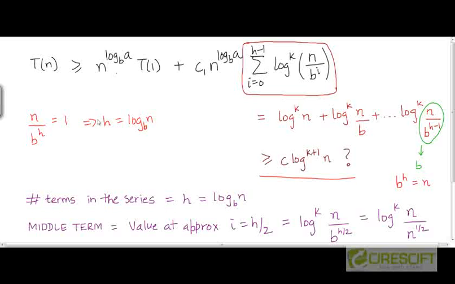So if we plug in b to the power h in place of n, we'll get b to the power h divided by b to the power h minus 1, which is b.